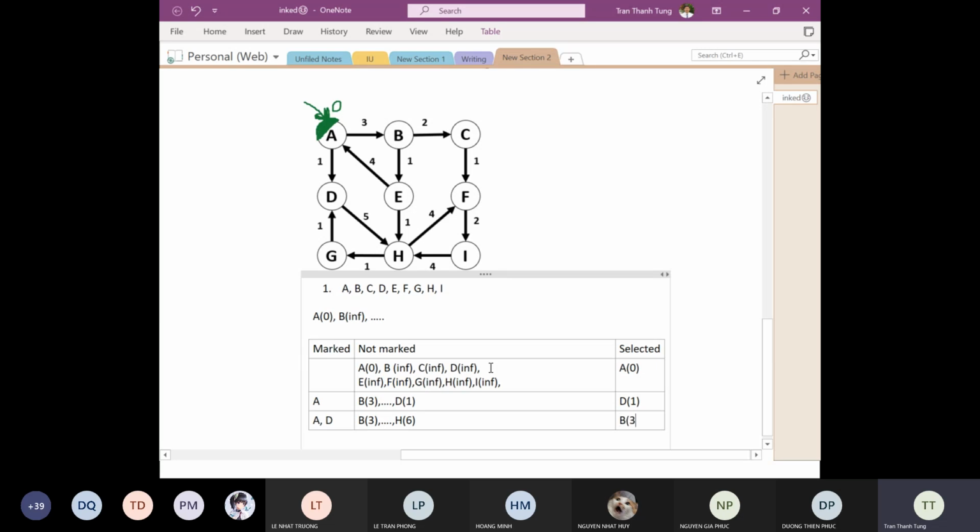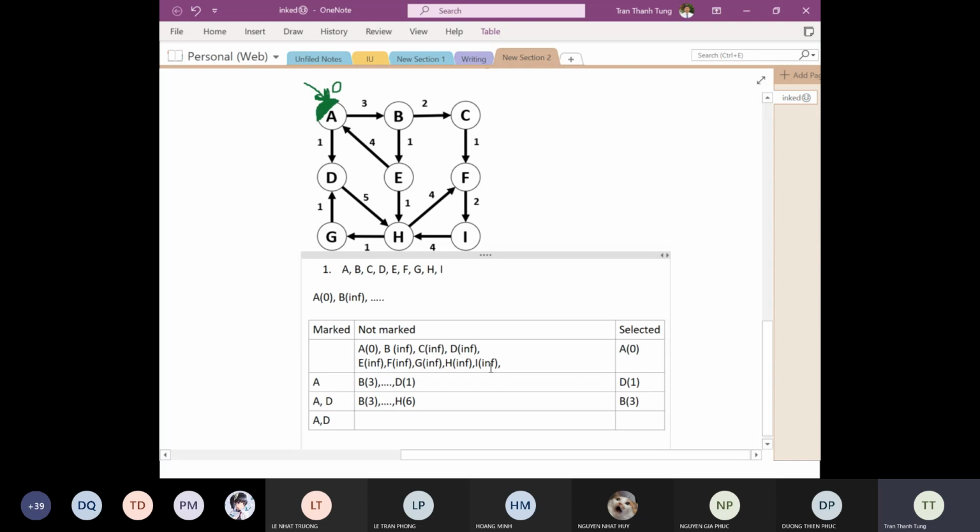This is the format if I ask you to do it in the exam. Please follow this kind of format so that you have something. I will do it like this. Here, the nodes that have values, and the others that have infinity, put them there.